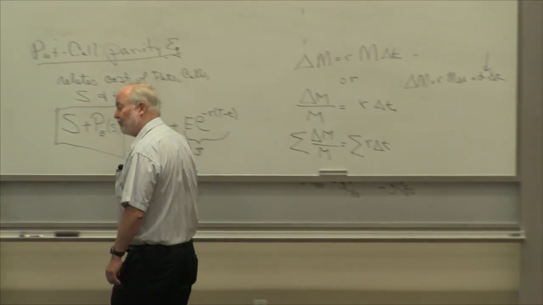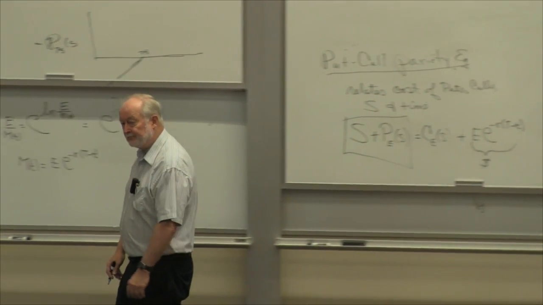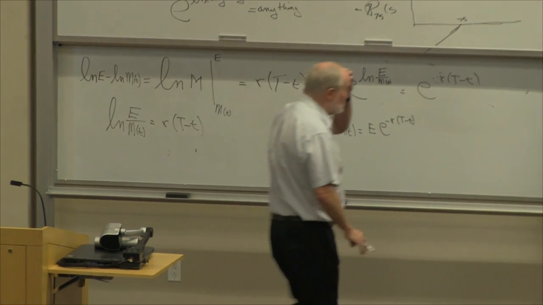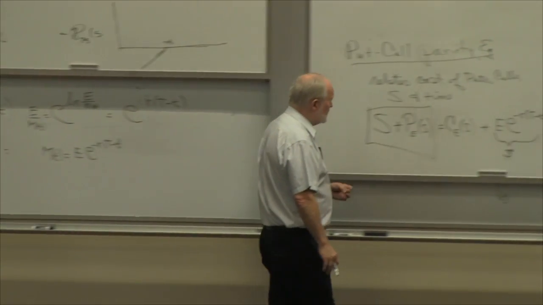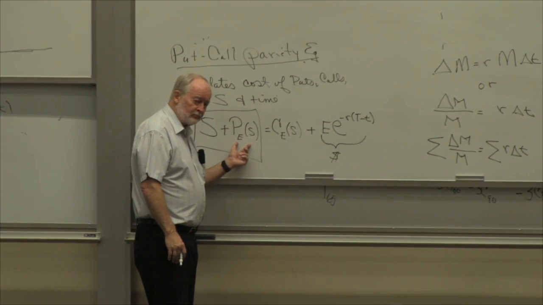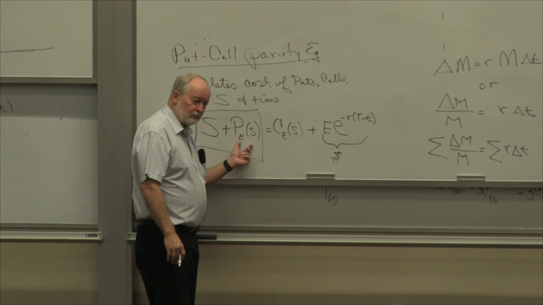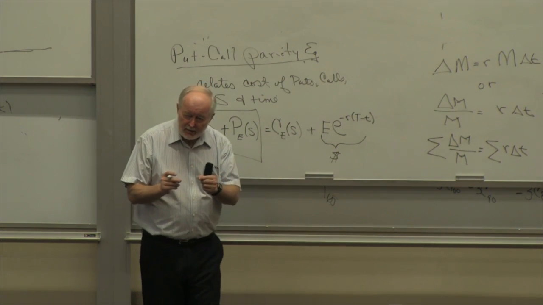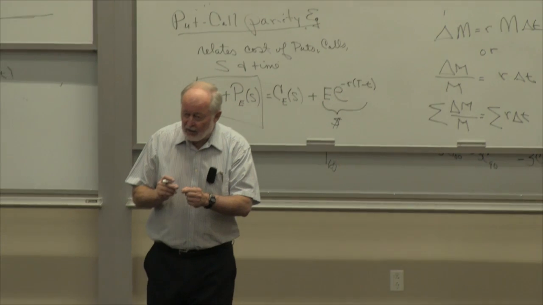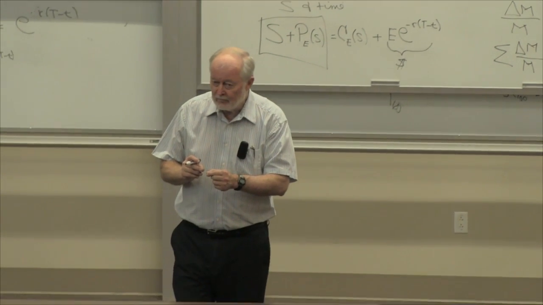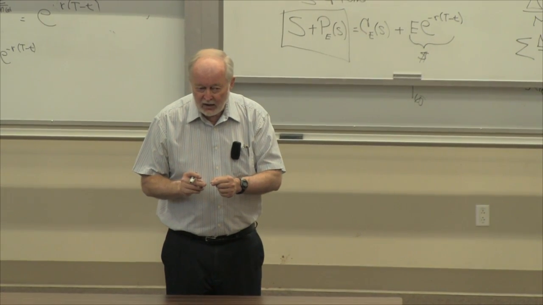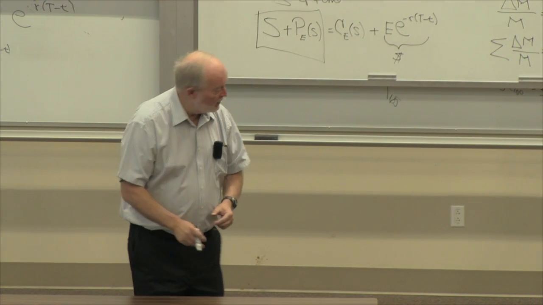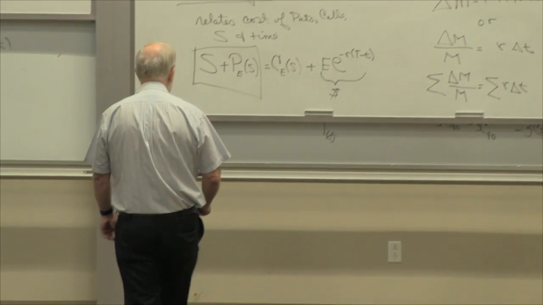Okay, folks, time for the put-call parity. The put-call parity equation is this one right here. It says that there is an equality, if you look at the market and see how much a put for a stock costs, the value of the stock, the call, and the present value of the strike price.